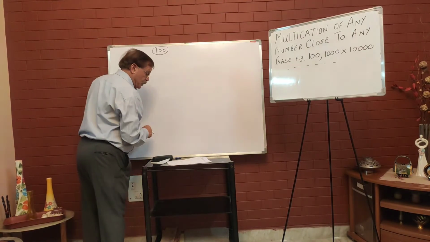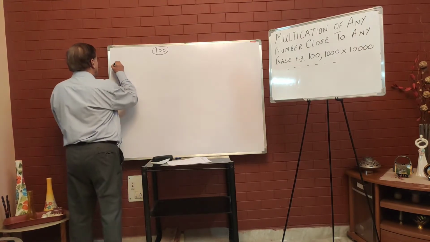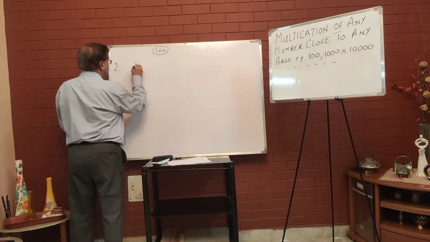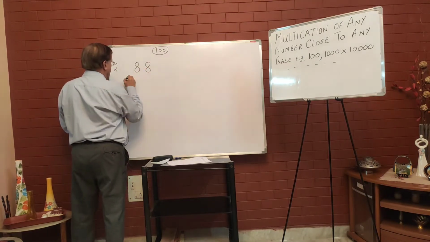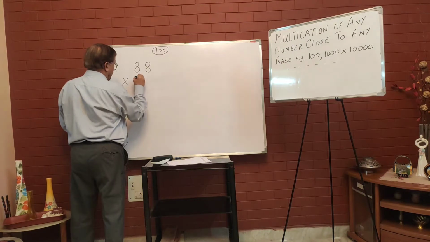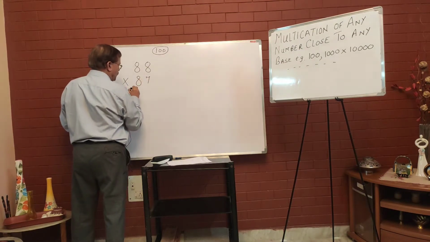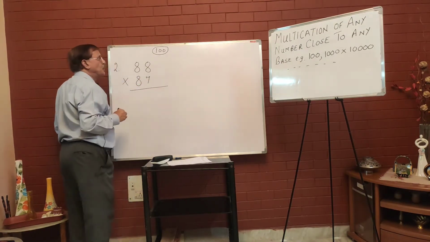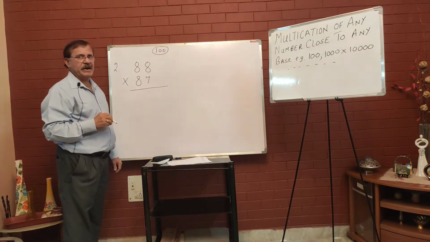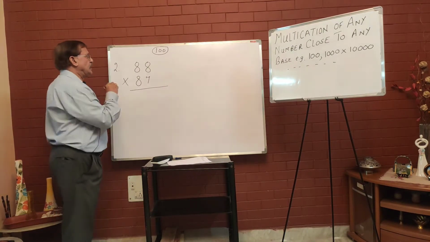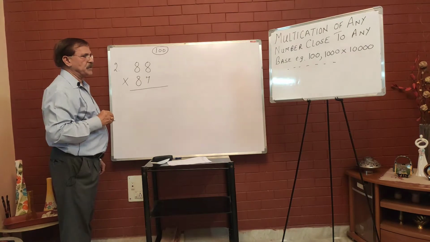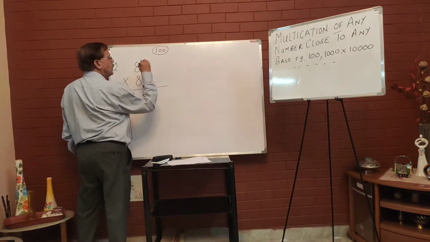Now let us begin with question number 2. And question number 2 is 88 multiplied by 87. Both these numbers are very close to the base 100. Alright? Now first of all, let us see the deviations. How far is 88 from 100?